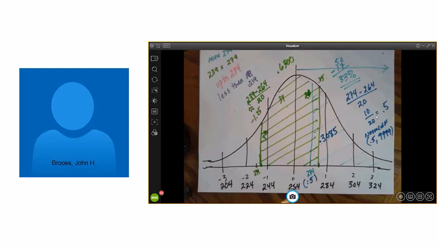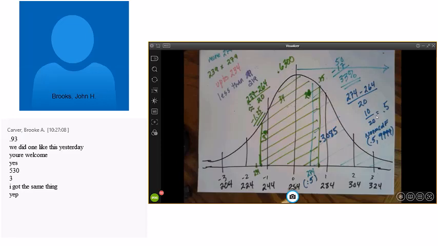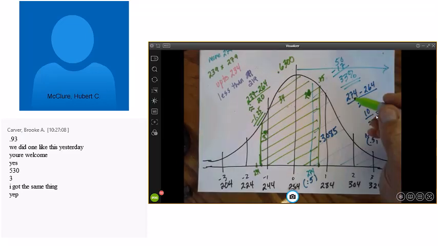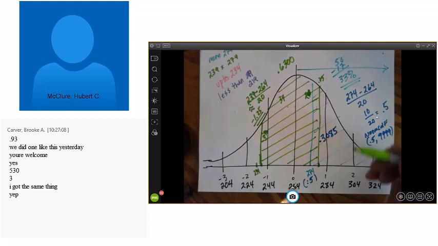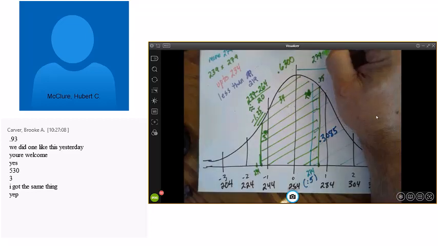That's your negative 1.25. Good. Okay, and somebody give me, yep, she got 1.25. And then somebody do 279 minus 264 over 20.